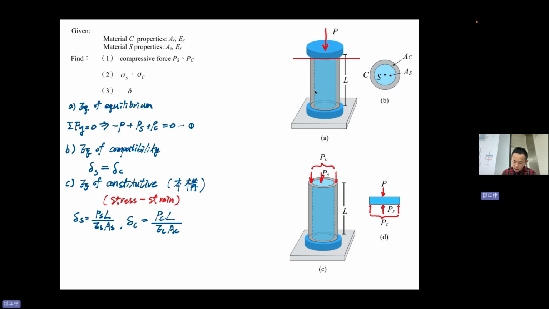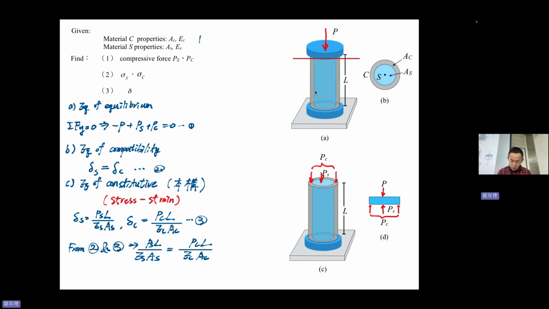So this is equation 2 and this is equation 3. Okay, so from 2 and 3, we can get PSL over ESAS equal to PCL over ECAC.